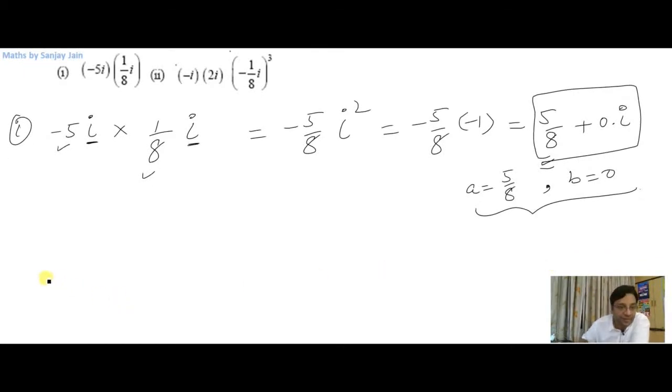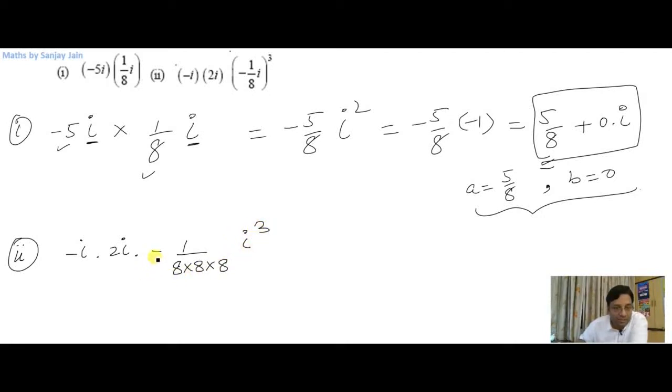So the second part, minus iota into 2 iota into 1 upon 8 iota cubed, right? So minus will remain as it is. 1 upon 8 cubed will give me 1 upon 8 into 8 into 8 and iota cubed, right?